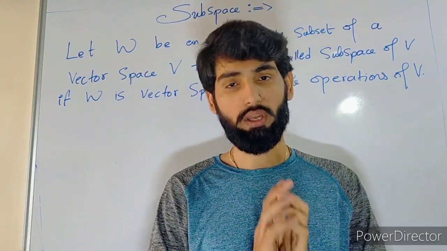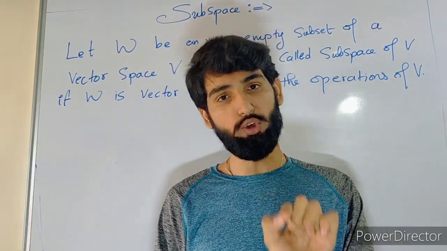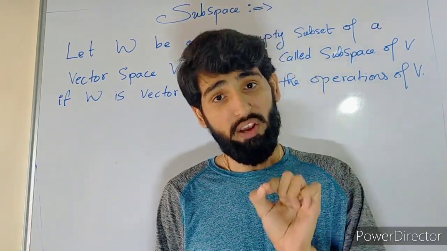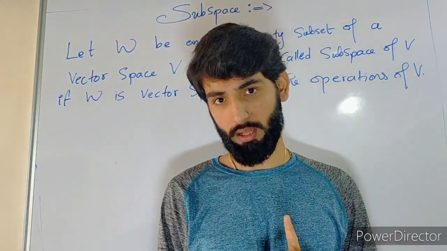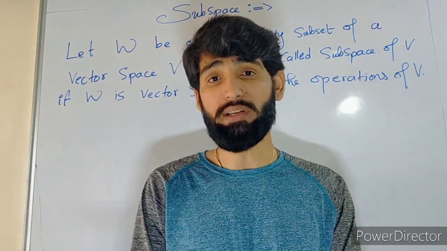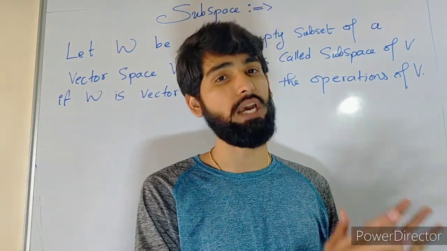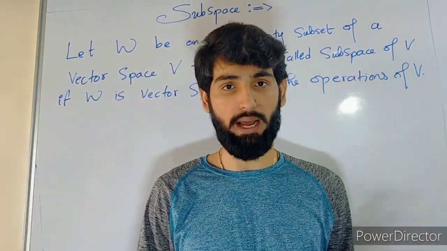So given any vector space, any non-empty subset of it is said to be a vector subspace if it is itself a vector space under the operations of V. Now we know that to check whether a given non-empty set is a vector space, I need to check 10 conditions, 5 under addition and 5 under scalar product.